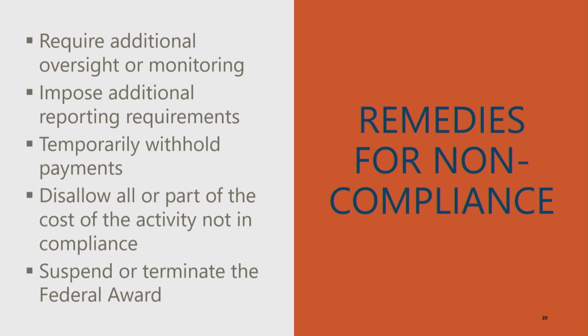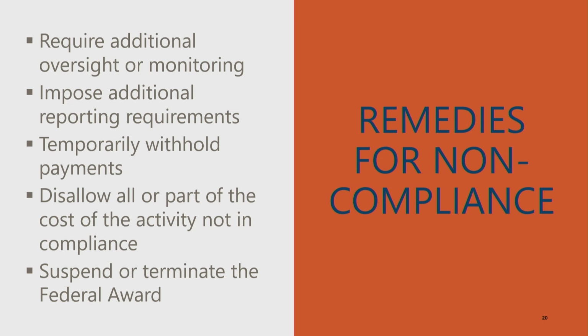like subrecipient monitoring. But some examples of remedies for noncompliance include requiring additional oversight or monitoring, imposing additional reporting requirements, temporarily withholding payments, disallowing all or part of the cost of the activity that's not in compliance, and suspending or terminating the federal award.